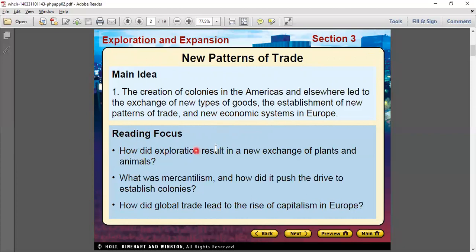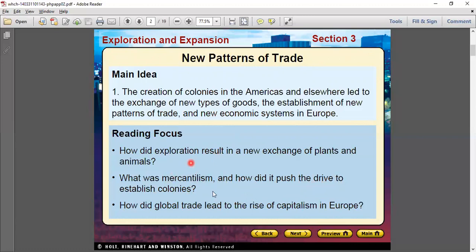For example, how did exploration result in a new exchange of plants and animals, as I mentioned earlier? What was mercantilism? This is an expression we need to know. And how did it push the drive to establish the colonies? Again, what was mercantilism? Defining this term, and how did it push the drive to establish colonies there.